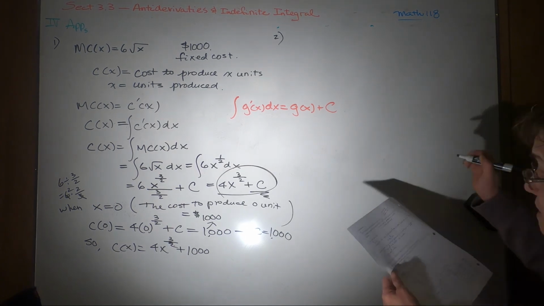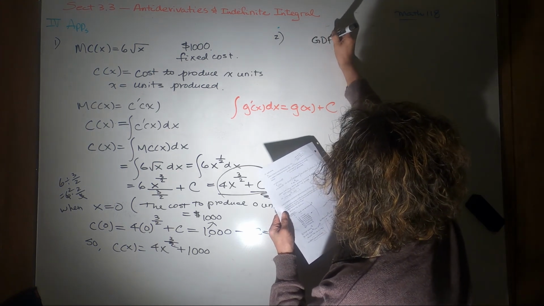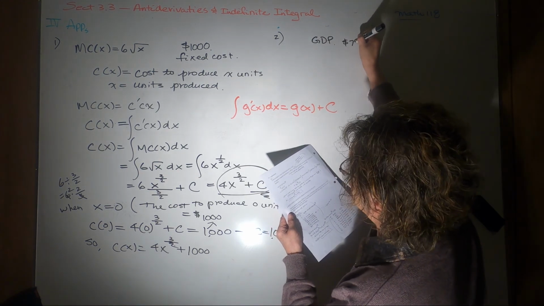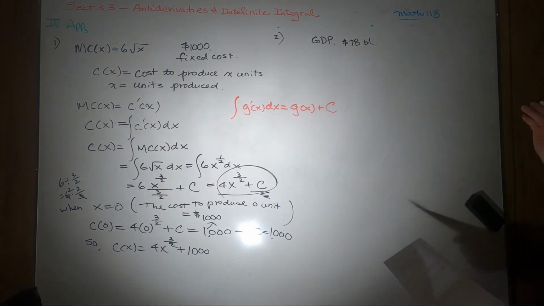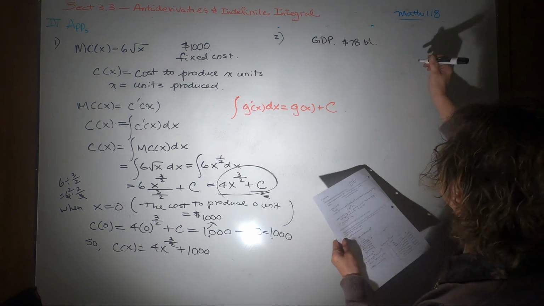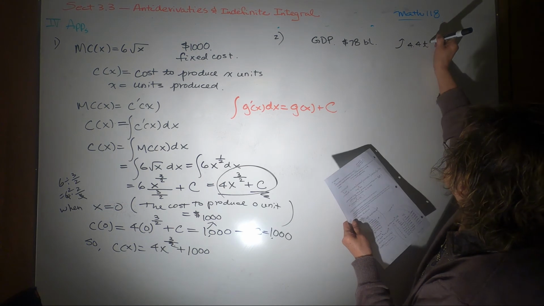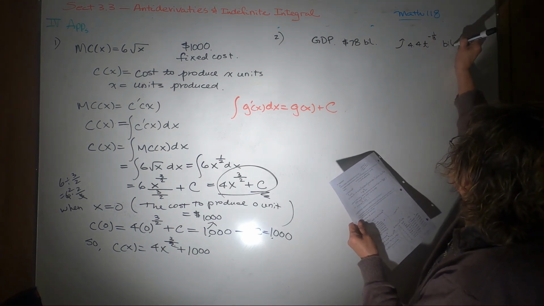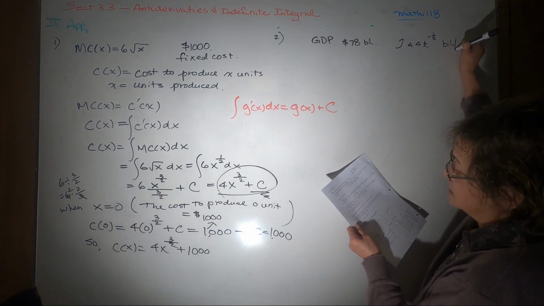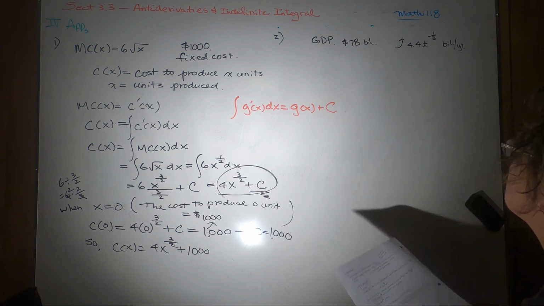Say a country has a GDP of 78 billion, and a growth rate of 4.4 t to the negative 1/3 billion dollars per year after t years.